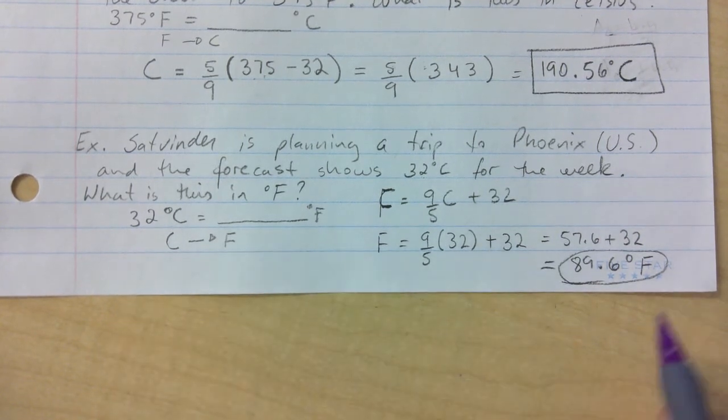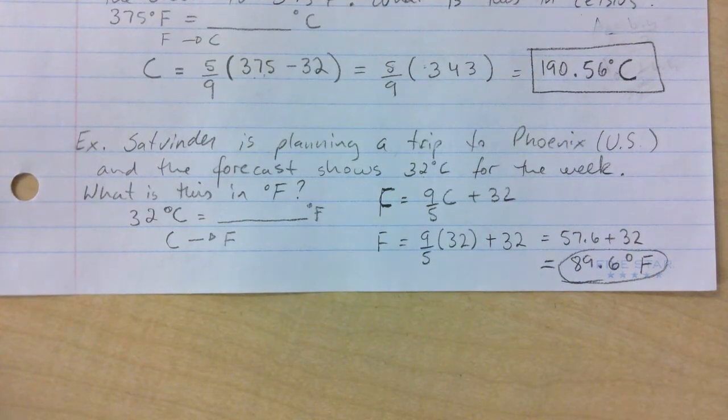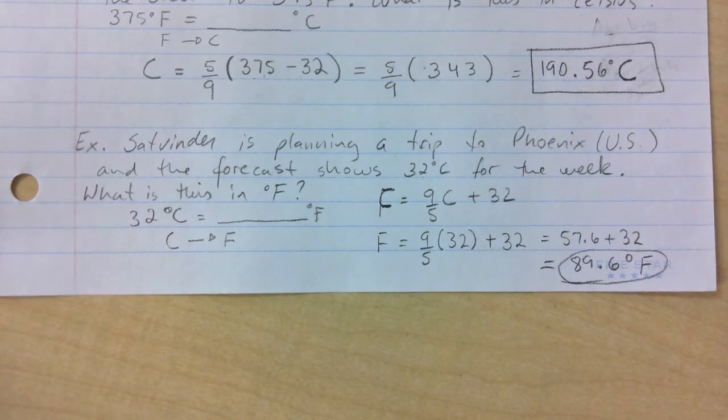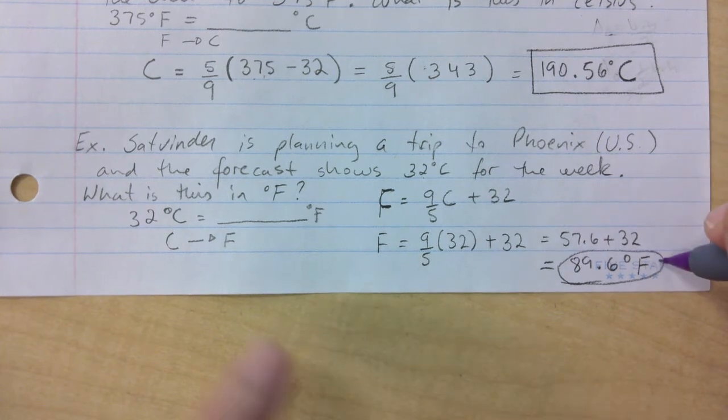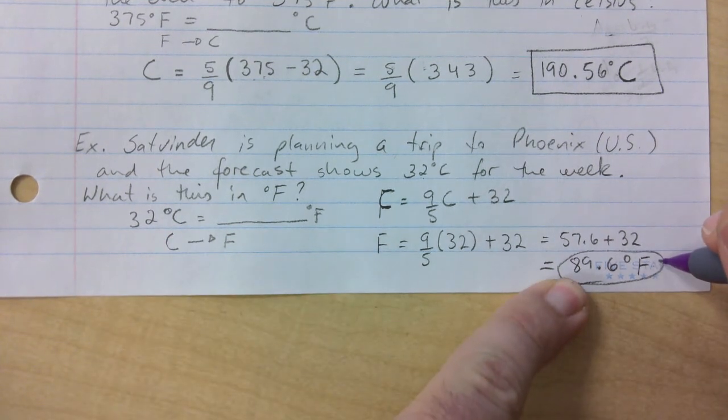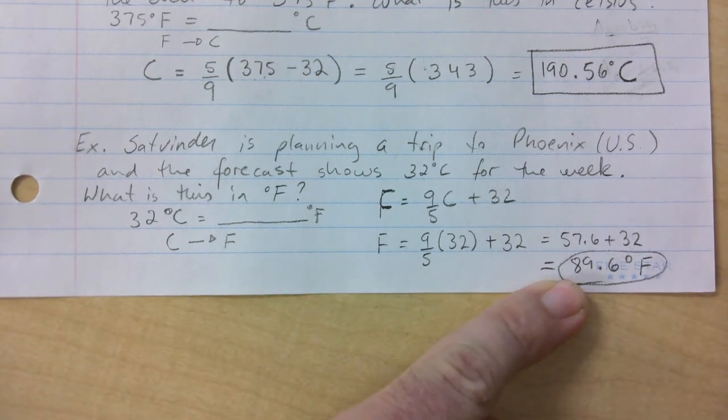So in the States, they often have 100 or more degrees Fahrenheit for weeks on end, especially down in Phoenix, California, right? Those areas there. It gets really warm. Texas. So you have an idea now, 32 is almost 90 Fahrenheit. Okay.